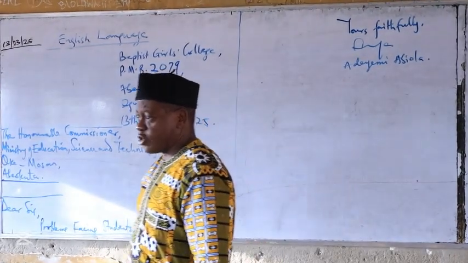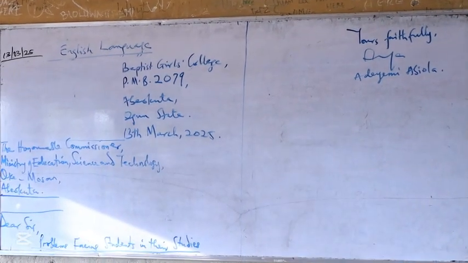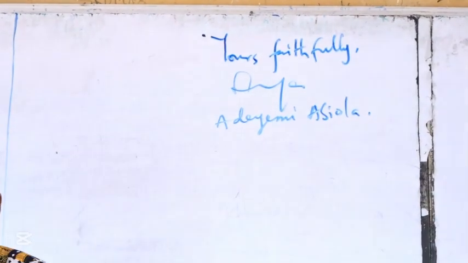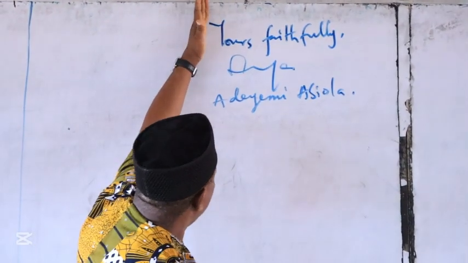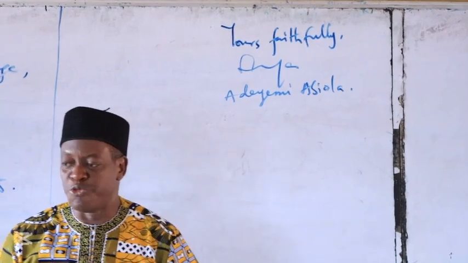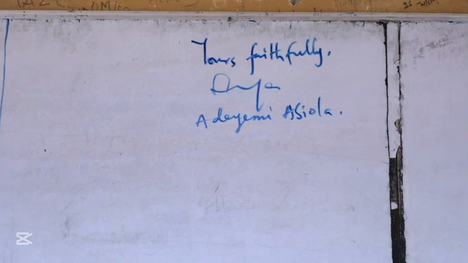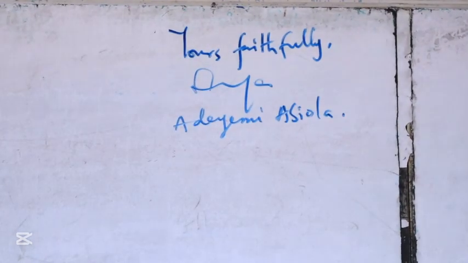That's a formal letter, the complimentary close. The lines must be aligned, like the first letter must be at the same point. Yes, your teacher is correct. The signature can be in the middle, but for this one, yes, it will be on the straight line.